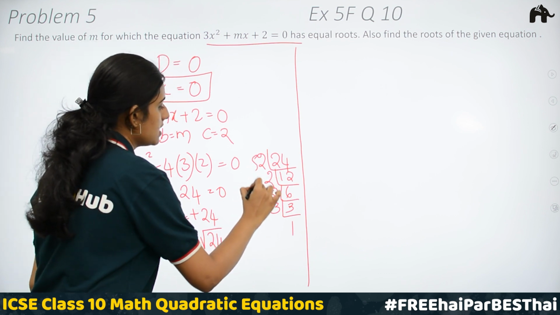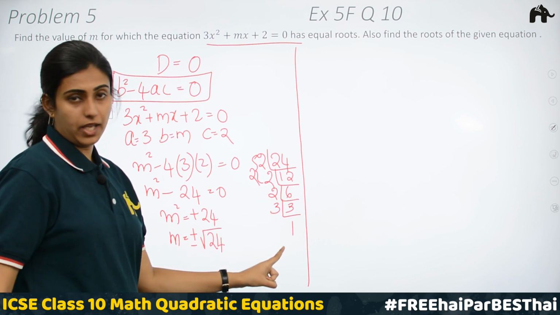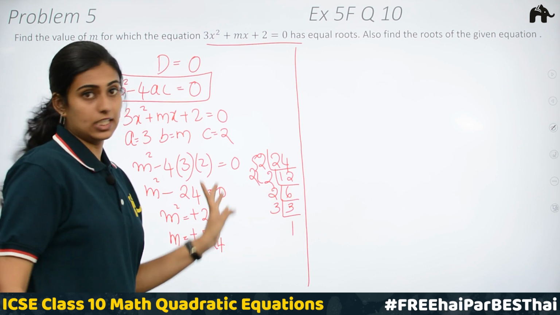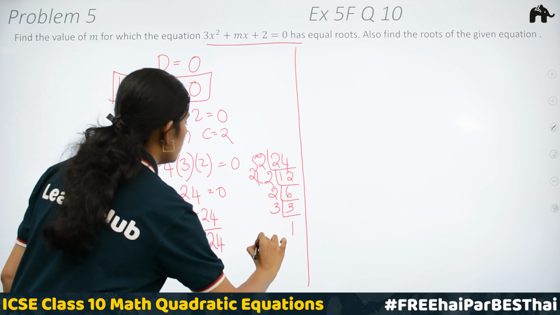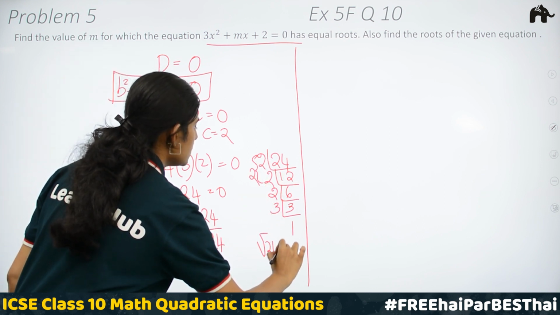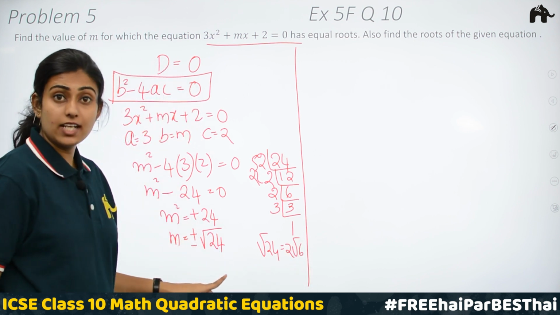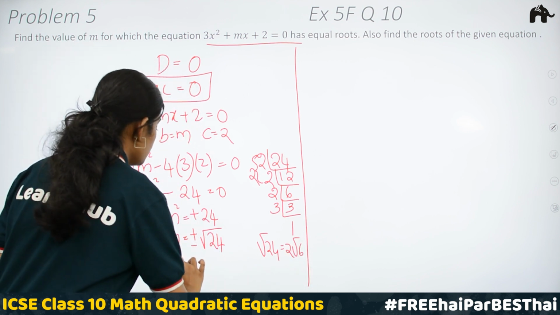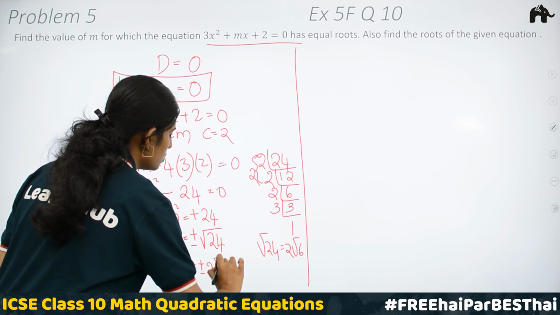On pairing this, we have 2 and the remaining we cannot pair. That is 2 into 3, which is 6. So, root 24 is equal to 2 root 6. Here we have positive and negative root 24, which means m is equal to plus or minus 2 root 6.